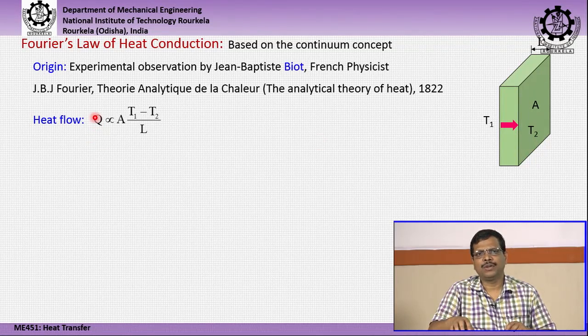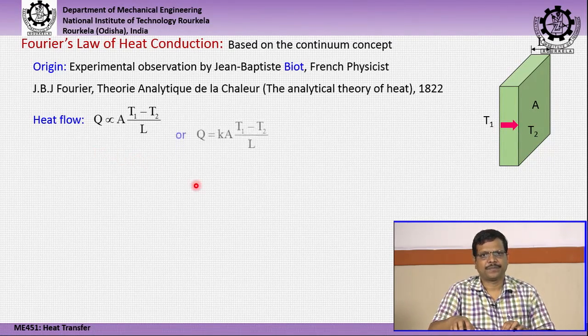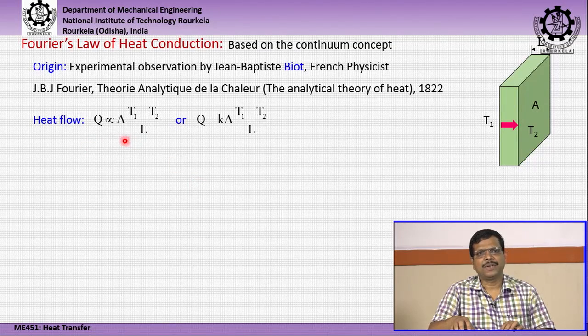Then this heat flow is inversely proportional to the thickness of the slab. So, when the area A increases, heat flow increases; when the temperature difference increases, heat flow increases; but when the thickness increases, the heat flow decreases. Or you can represent this as Q equals K into A into (T1 minus T2) by L, where K is nothing but your constant of proportionality.